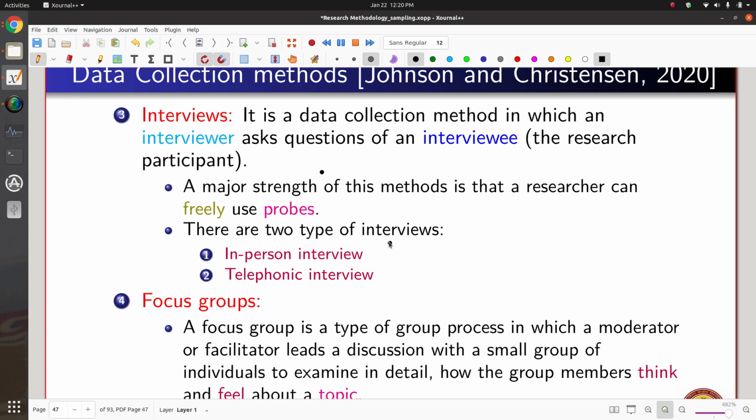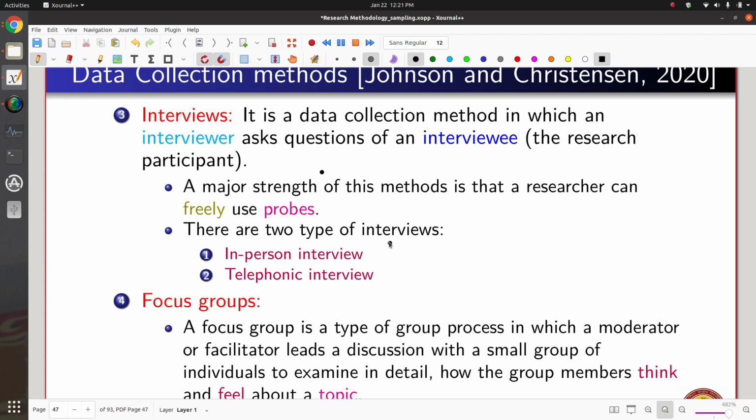Then there is another way that is called a telephonic interview. In the case of telephonic interview, you can use a computer assisted telephonic interview system that is already available, and you can hire an interviewer who is familiar with this kind of system. Then you give the protocol and set of questions, and by using telephonic interview you can interview the interviewee.